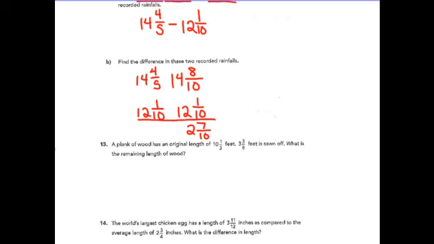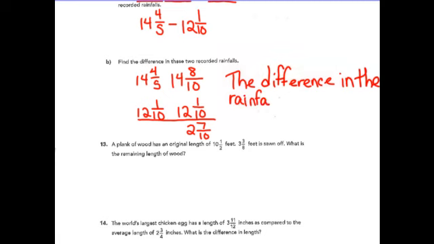We're going to answer in a full sentence. Find the difference in these two recorded rainfalls. The difference in the rainfall is 2 7/10.